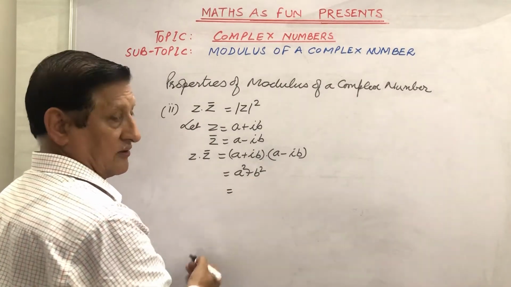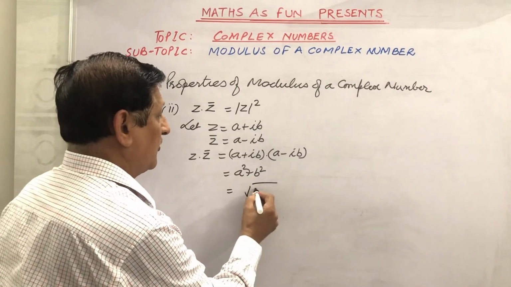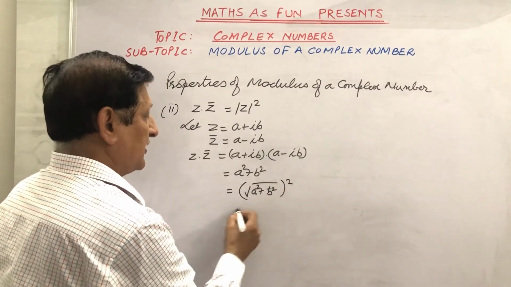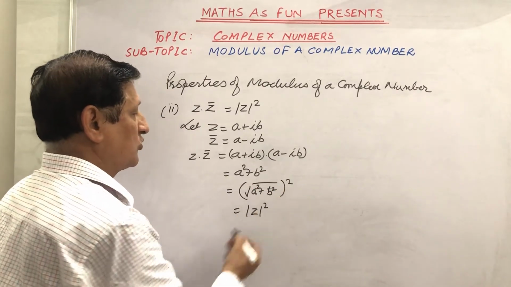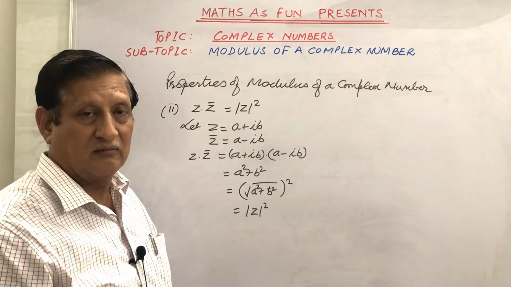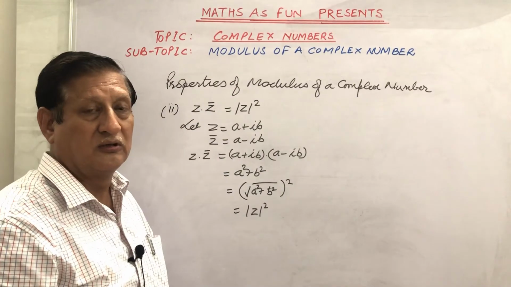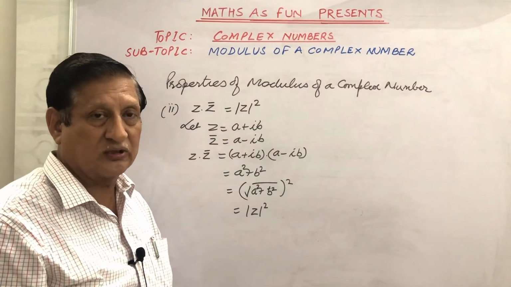And this, we know, is the square of root of a square plus b square. It means this is square of modulus of z, and hence we can say z into z bar is equal to modulus z square.